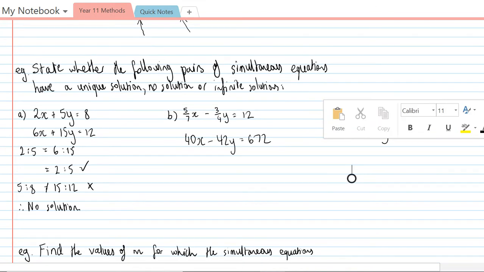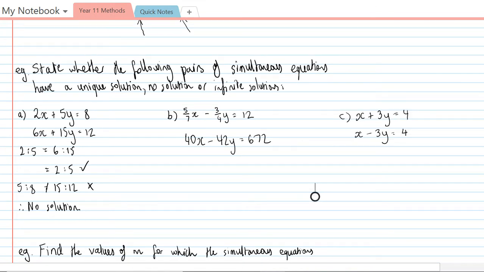Okay, so the second set of equations, 5/7 x minus 3/4 y equals 12 and 40x minus 42y equals 672. So we're going to test 5/7 in ratio with negative 3/4, and we want to see if that is equal to 40 to negative 42.